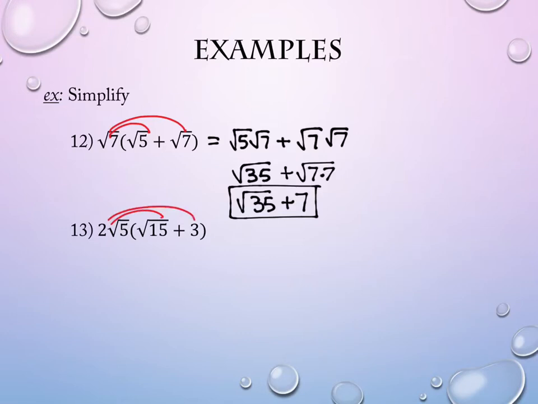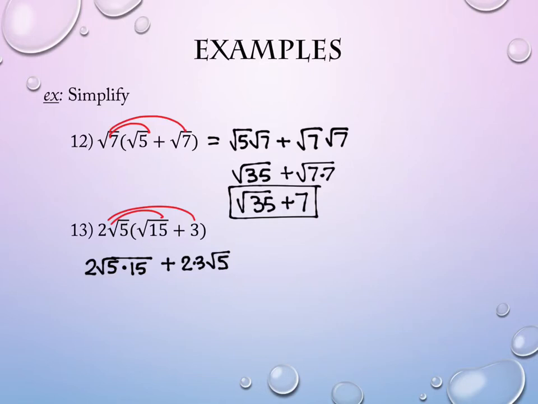So let me write out what we have. We have 2 square root 5. And I'm just going to write it with the 15 underneath because we know that's the product rule anyway. And then plus 2 times 3 and then square root of 5. So let me sort of hit on what I just did.